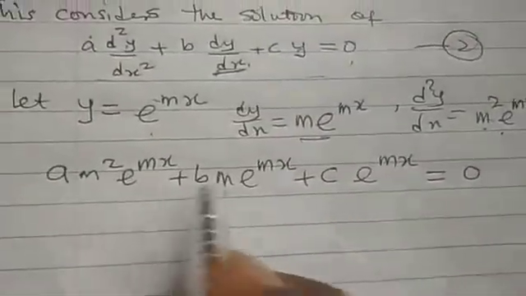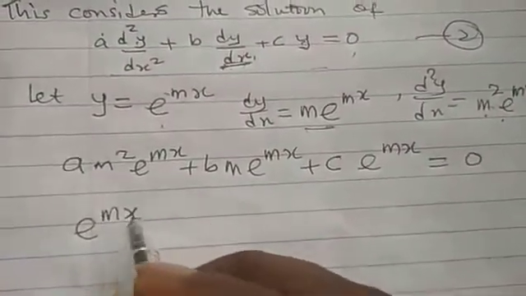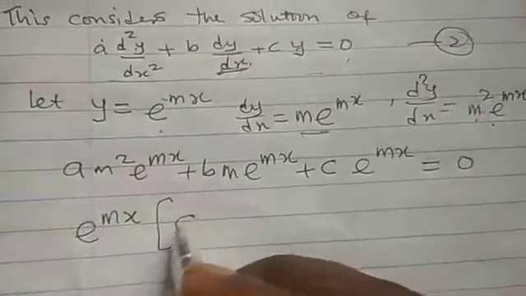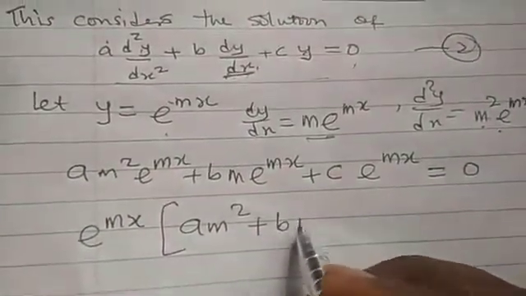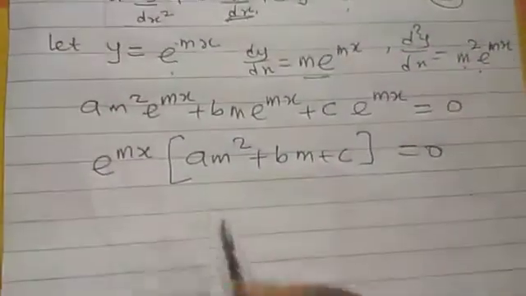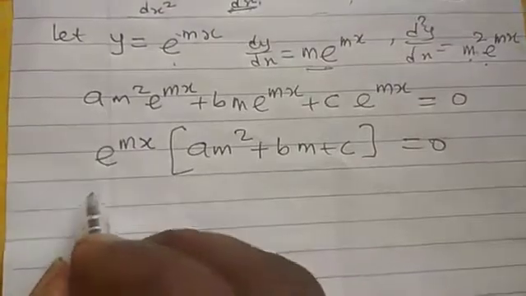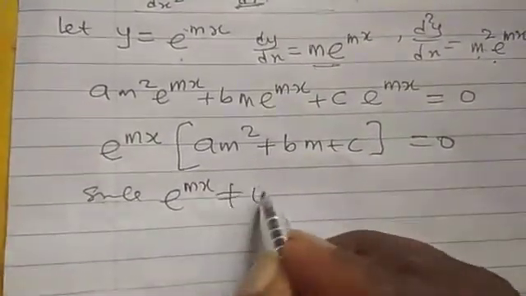You observe that e^(mx) is common to all of them. So we have am² plus bm plus c equal to 0, since e^(mx) can never be equal to 0.